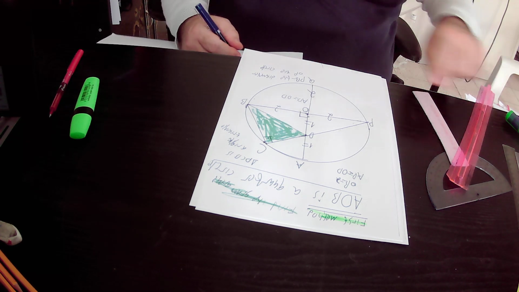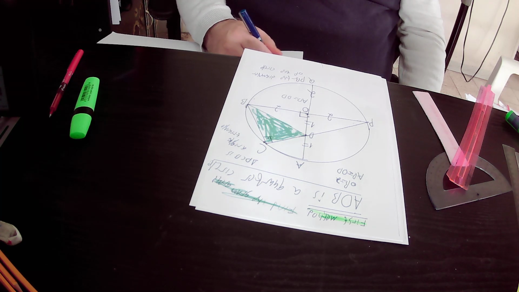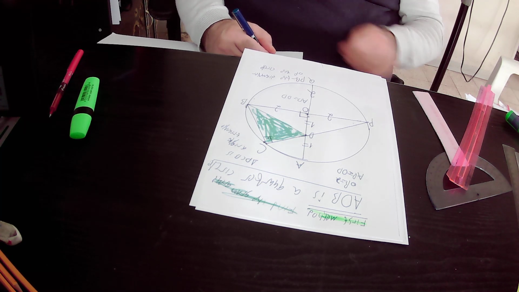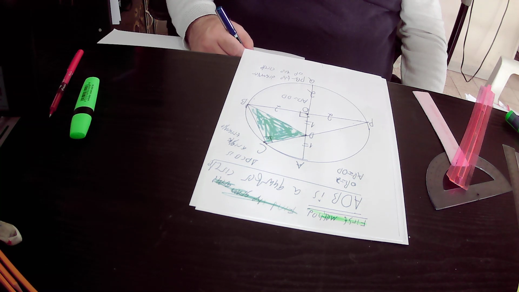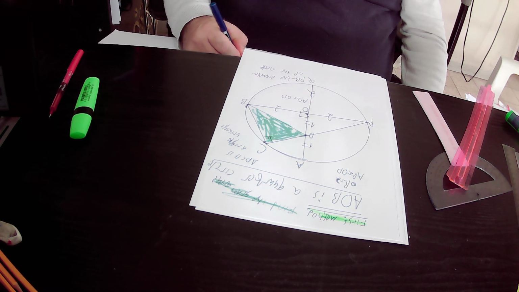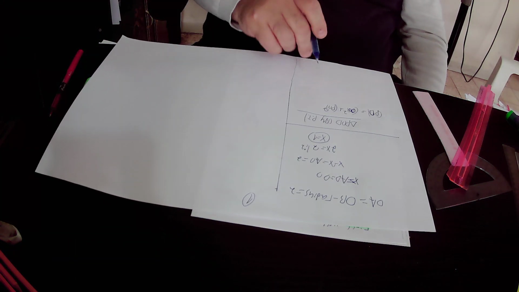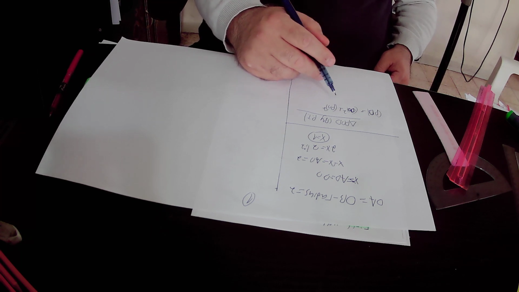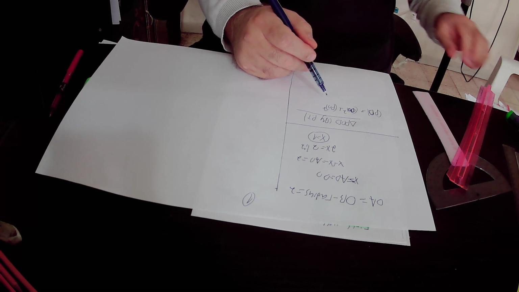The square of the hypotenuse is PD squared, and it must be equal to DO squared plus PO squared. I'll repeat again: in the right triangle POD, according to the Pythagoras theorem, PD squared equals DO squared plus PO squared.